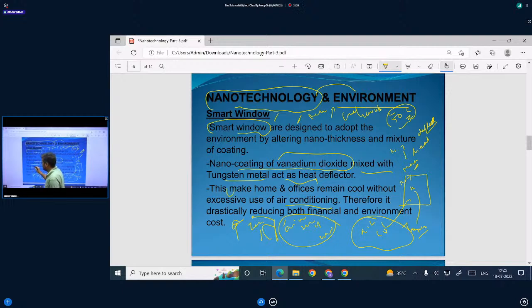This will reduce the cost of running the AC, and also reduce the excess heat generated by the air conditioning system. So this cycle will follow. By simply installing smart windows, we can make the temperature of the room normal, and also reduce the excess utilization of air conditioning. Got it?